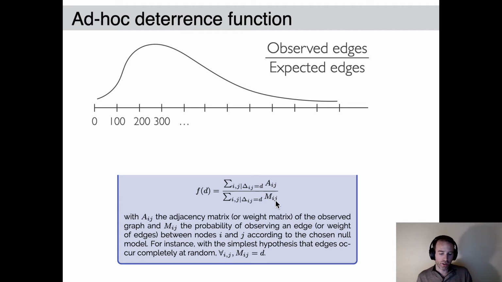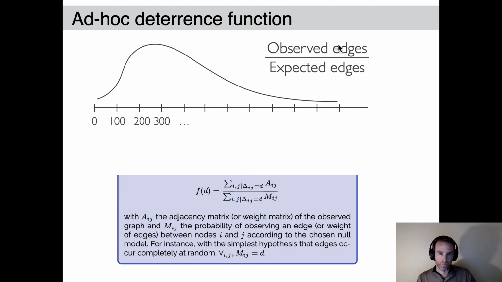So the simplest model consists in saying that all the edges are equal. You consider that you have basically an Erdős–Rényi random graph, and so the probability of observing an edge between any pair of nodes is just equal to the global density. But we will see also that you can use a different model and thus compare the number of edges that you observe to the number of edges that you're expecting according to a different model.